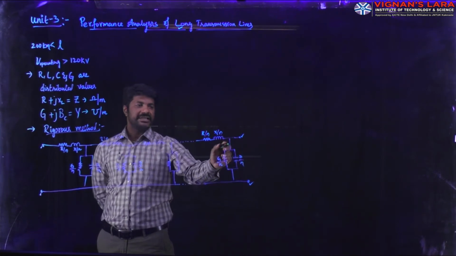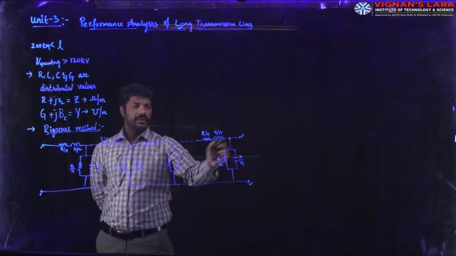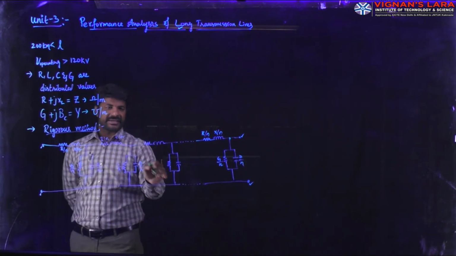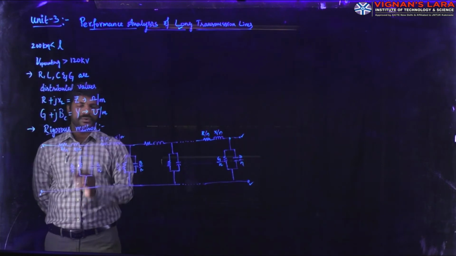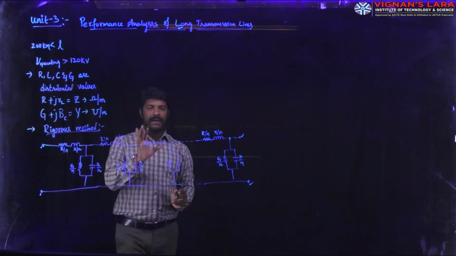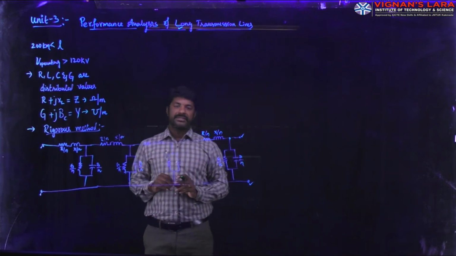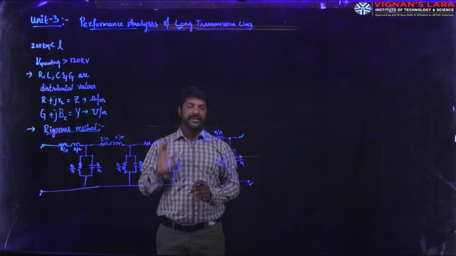Later we see the shunt current and add it up using KCL. We apply the KVL. Again, for the n minus 1th section, KCL and KVL are used. So we have to apply a total of n KCLs and n KVLs for analyzing this long transmission line, which is a complicated procedure.